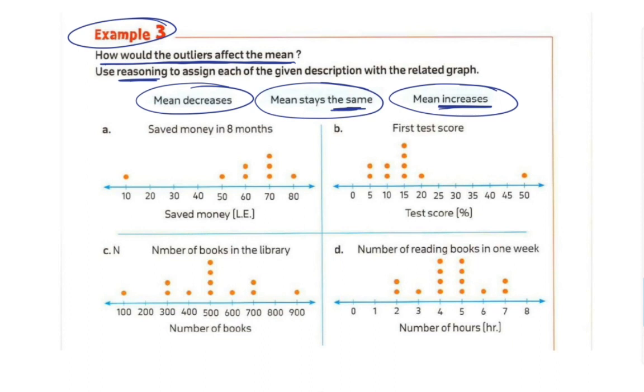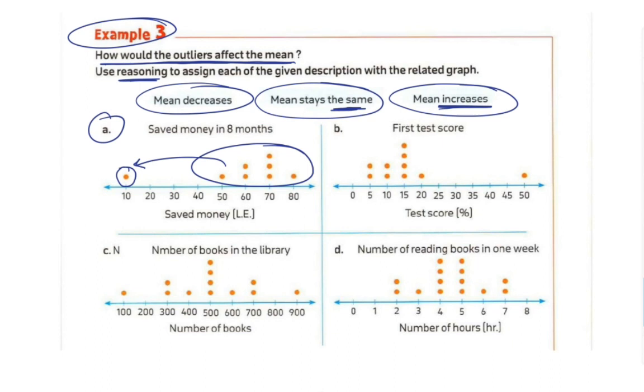Okay, point A. We have this dot plot. Look here, we have just one outlier, but this outlier is to the left of all of these values. So does the mean stay, decrease or increase?